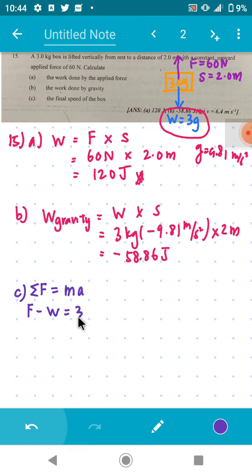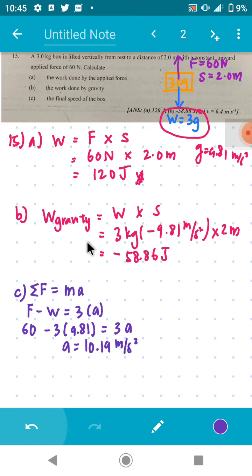M is 3, a we don't know yet. F is 60 Newton upward minus the weight force, 3g, which is 3 times 9.81, equals 3a. Thus we can find a: 60 minus 3 times 9.81, then divide by 3, is 10.19 meter per second square.